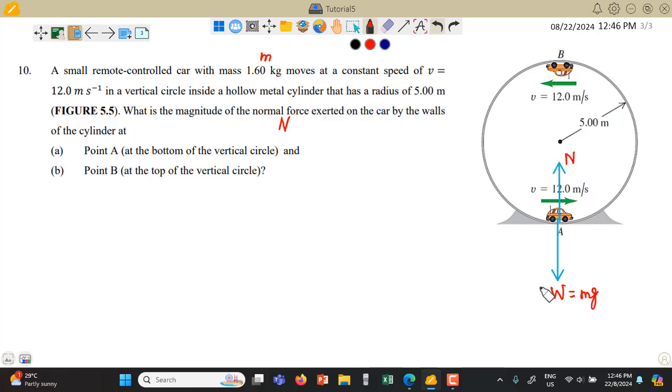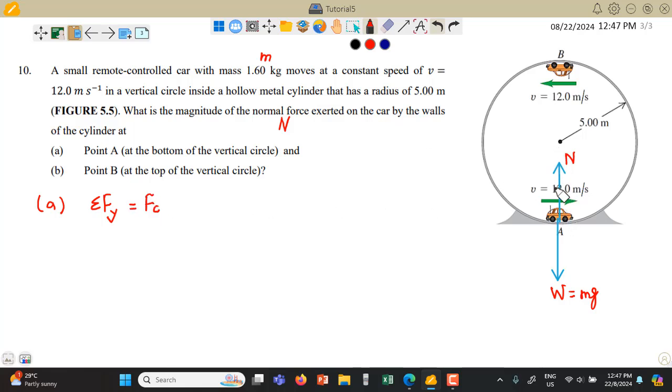By referring to the FBD that we drew, we can see very obviously at position A, the normal force is pointing towards the center of the circle, but the weight is pointing away from the center. So these two forces are going to provide the centripetal force that enables the remote control car to perform circular motion. So we are going to have summation of force along the y-axis equal to Fc.